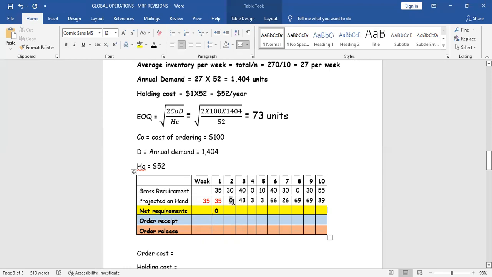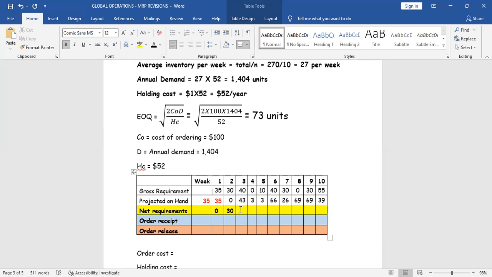We have 0 here. So meaning the net requirement will be 30. In week 3, the gross requirement is 40, and we are projecting to have inventory on hand of 43. Should we order? No, we shouldn't.